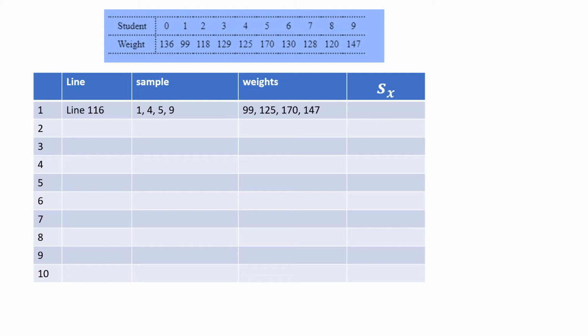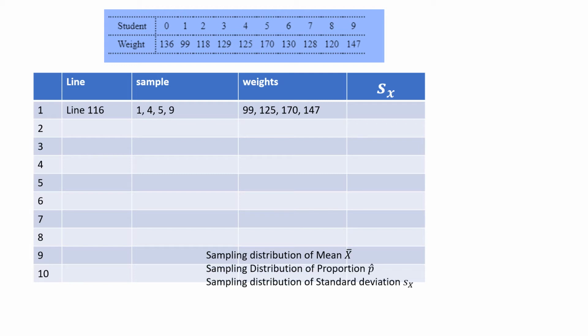In which case the last column will not be the sampling distribution of mean x bar like in my previous case, but the sampling distribution of standard deviation s. The same way, if I'm trying to find the proportion for these samples, then the last column will be the sampling distribution of proportion p hat.